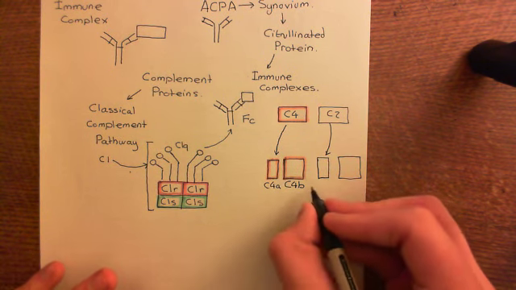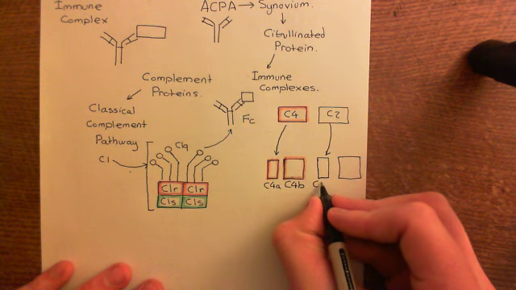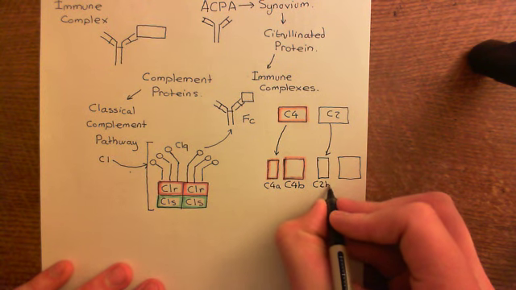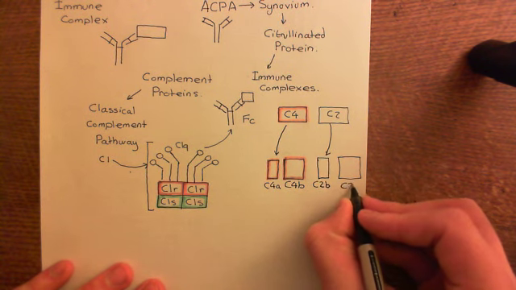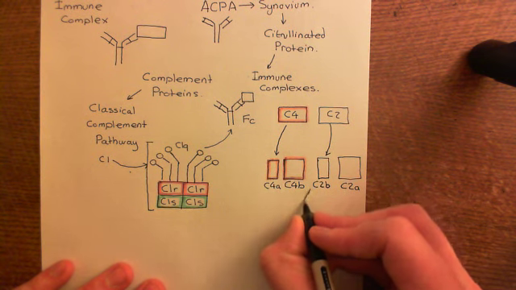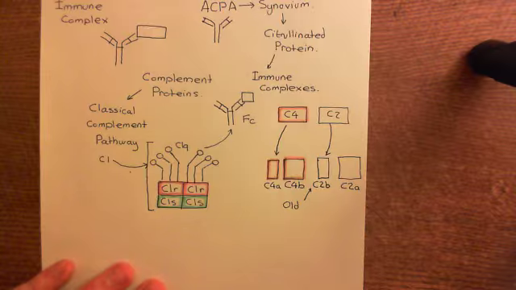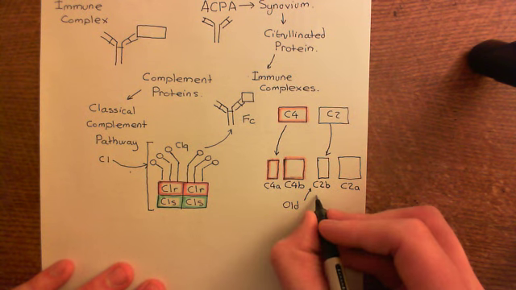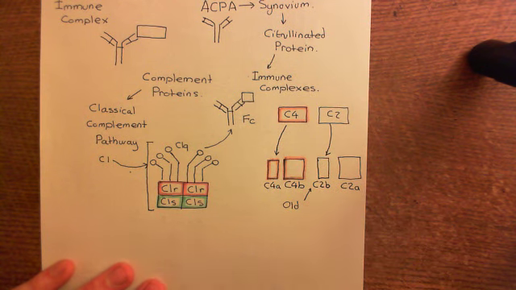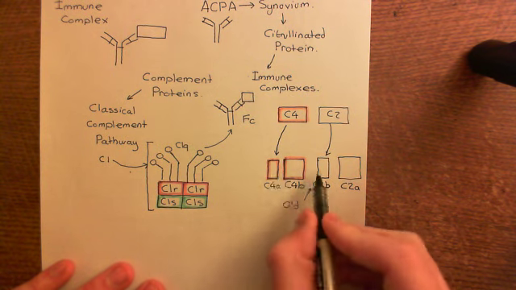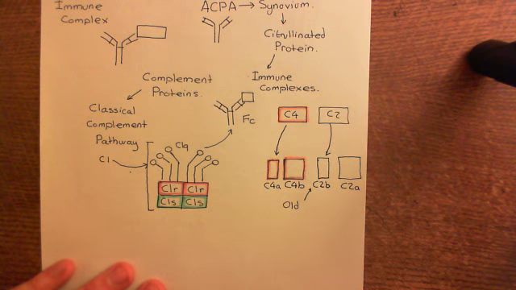The old way of naming C2 was to call the small fragment C2b and the big fragment C2a. So this is the old way of naming the fragments of C2. The new way, someone working in complement decided that a better way to do it was to name all of the small fragments, because complement proteins are all broken down like this.